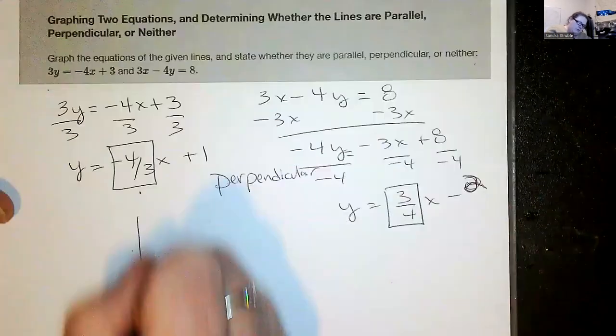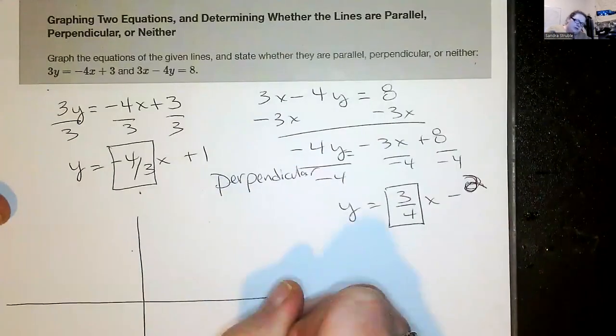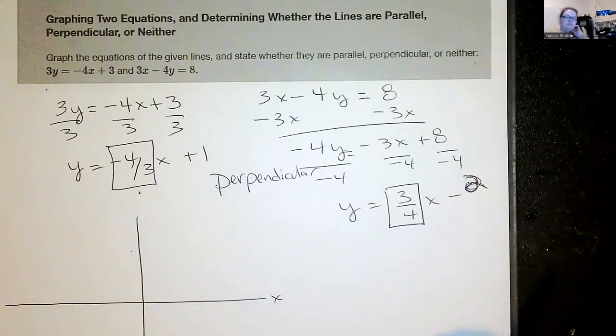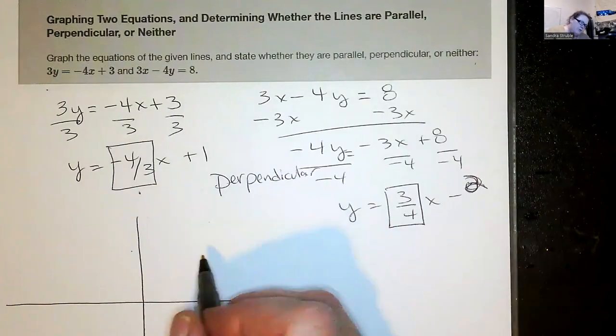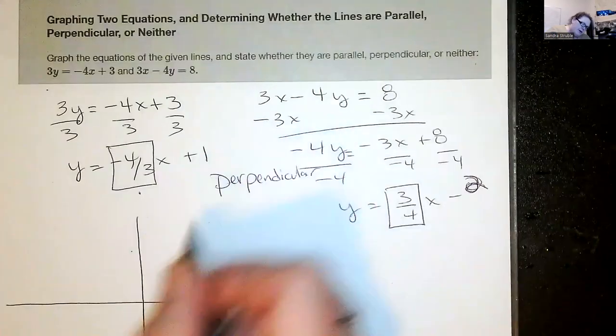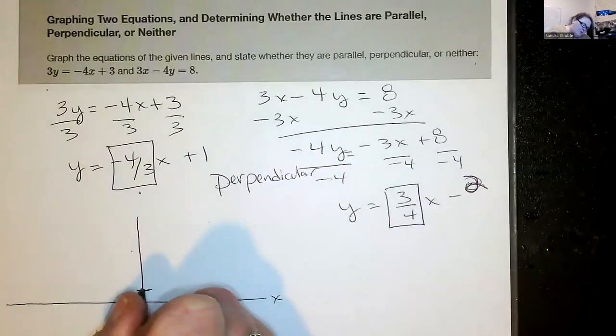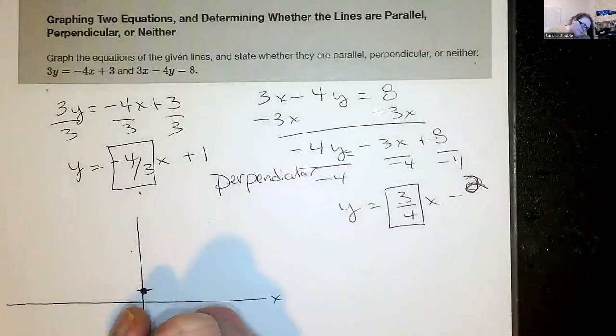All right, let's do a little quick graphing of them. I could do this on Desmos, but I think I can push these out pretty fast. So the way I like to do this is I just find my y-intercept, put a point, and then from there, I need to draw some little hash lines.